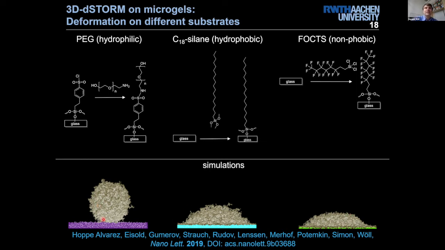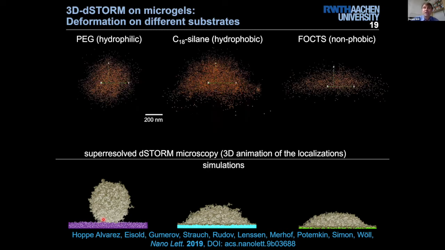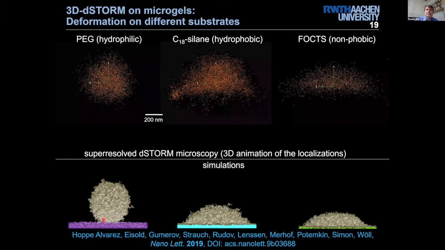And with 3D super resolution imaging, in this case also using the double helix point spread function, you can see in this data that what we see is quite well in agreement with what has been simulated.